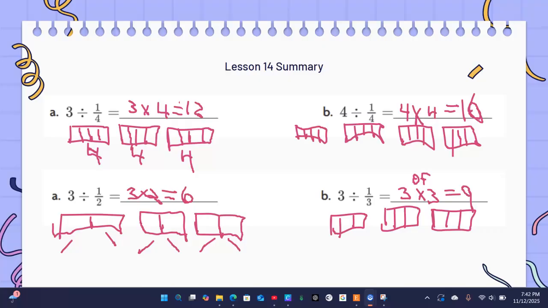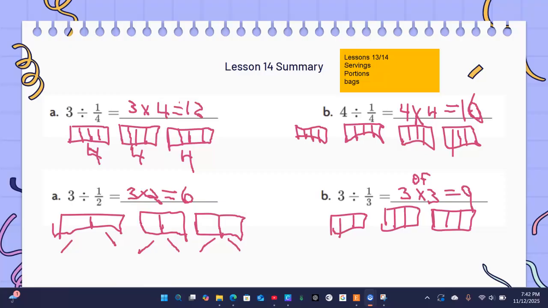Now let's talk about some times when you'll see something from lesson 13 and 14, because lesson 13 and 14 is pretty much the same thing, a whole number divided by a fraction. This one is when you have to give an answer such as the serving size. So let's write that down. Lessons 13 and 14 have to do with how many servings, how many portions, how many bags.